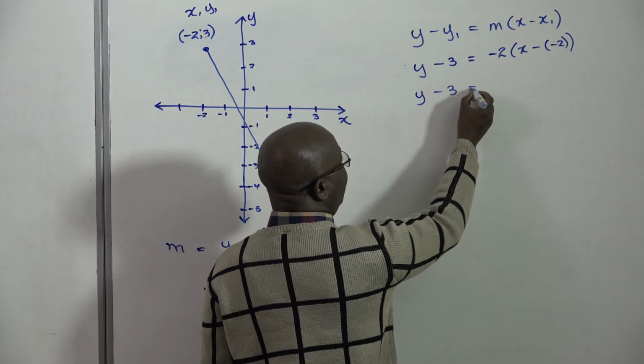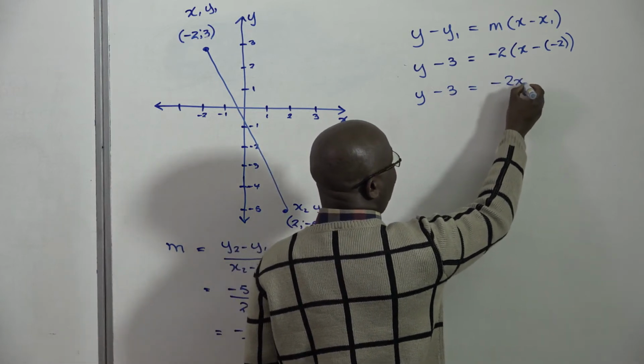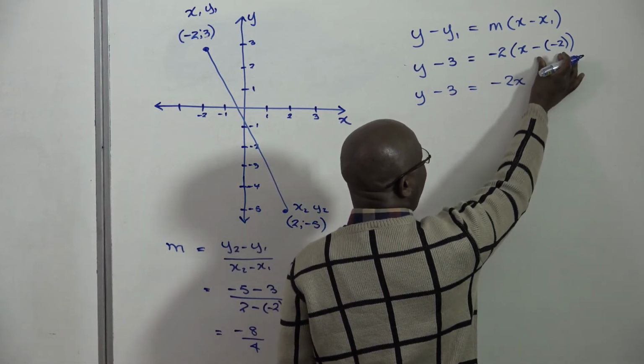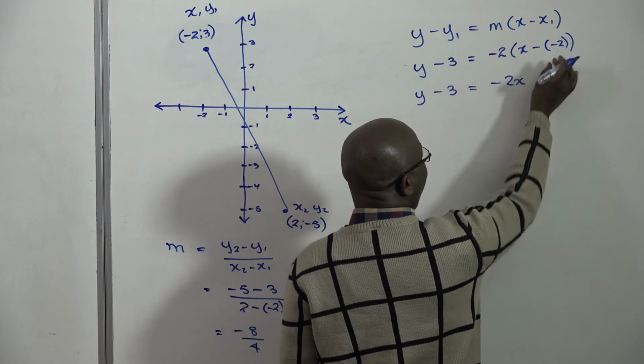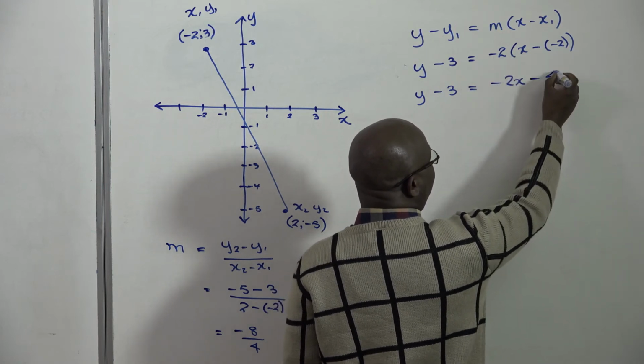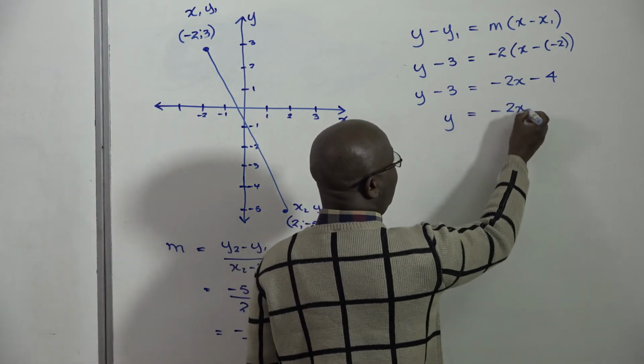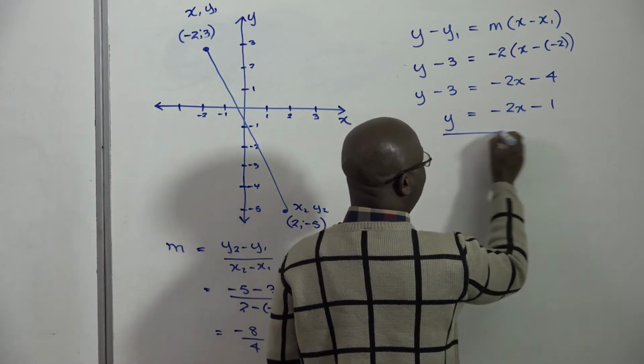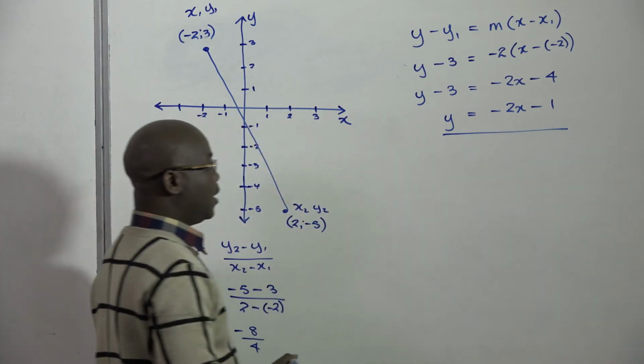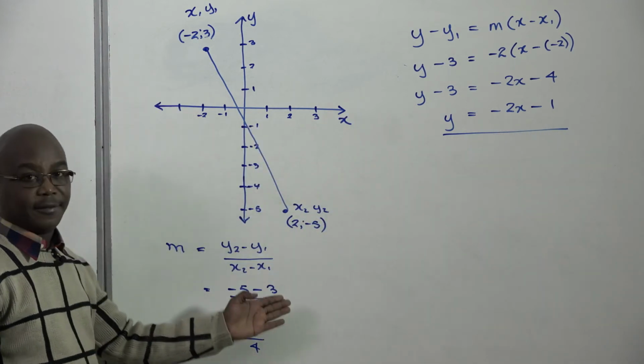This becomes y - 3 = -2(x + 2). Two negatives become a positive. -2 times 2 becomes -4. Therefore, y = -2x - 1. This becomes the equation of this line.